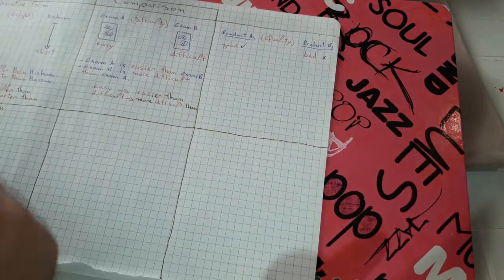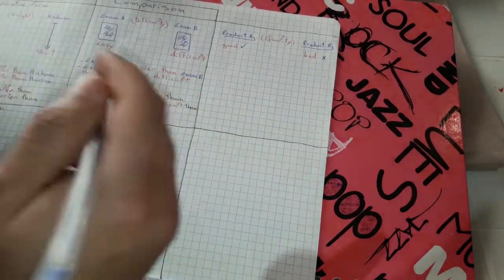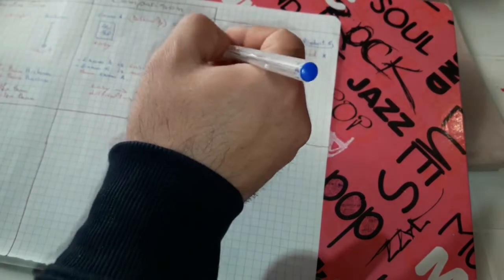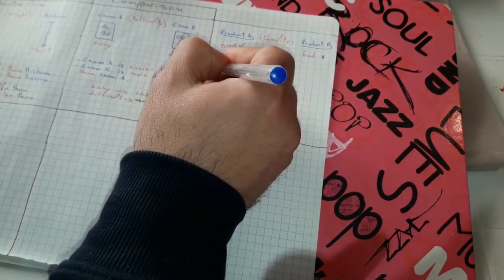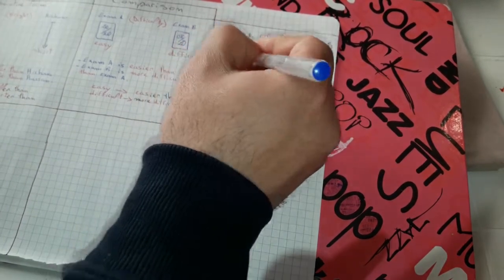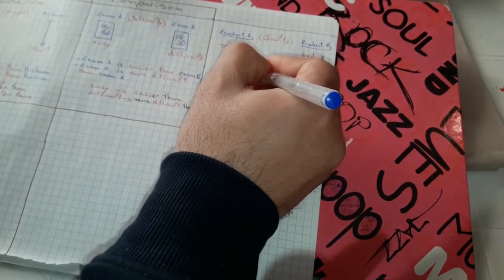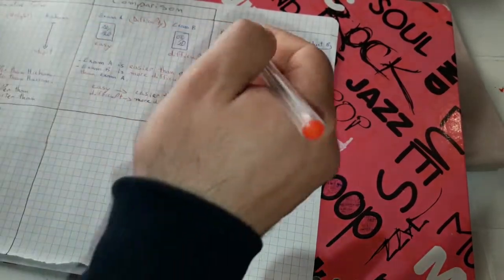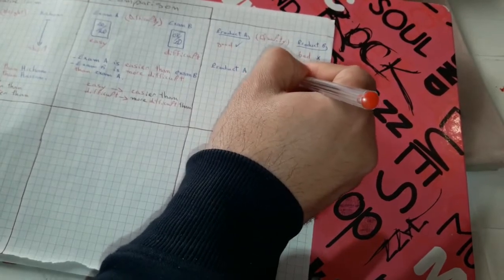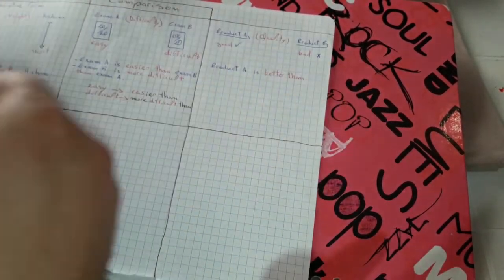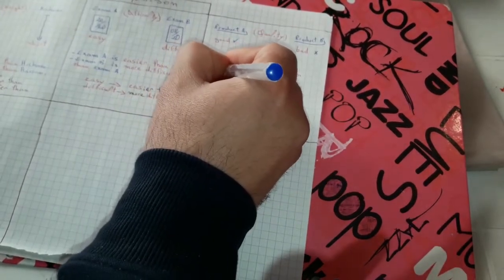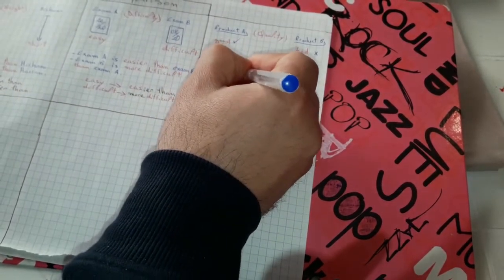So how can I compare between these two products in terms of quality and put it in one sentence? So I say product A is better than product B.